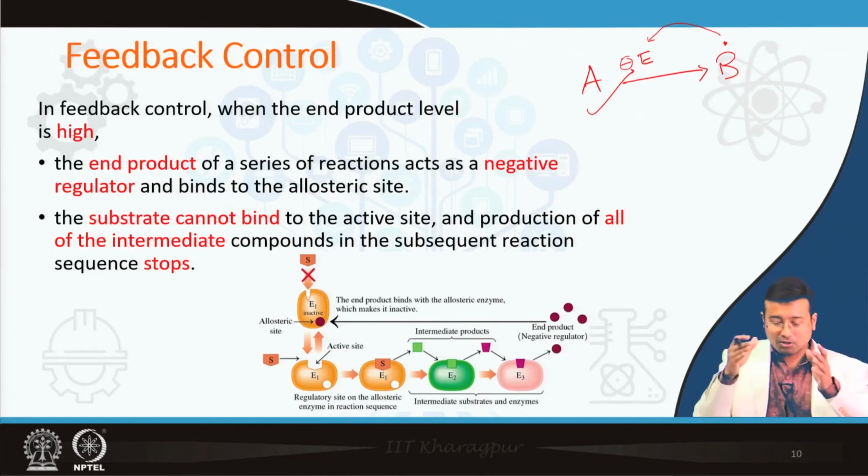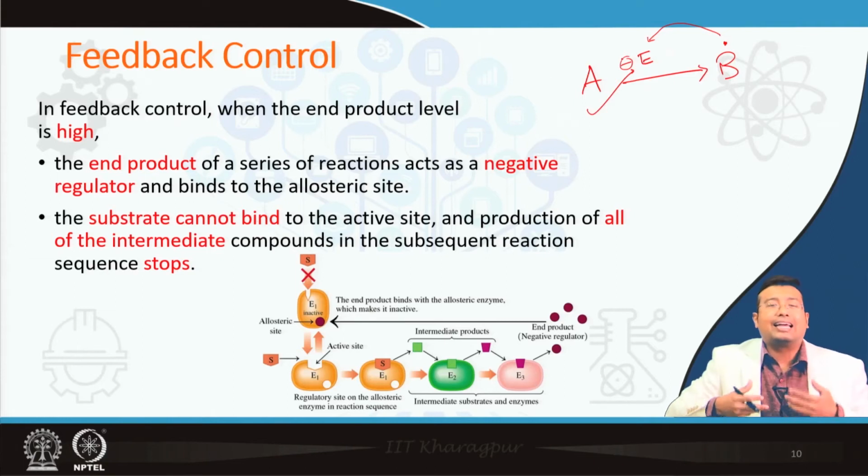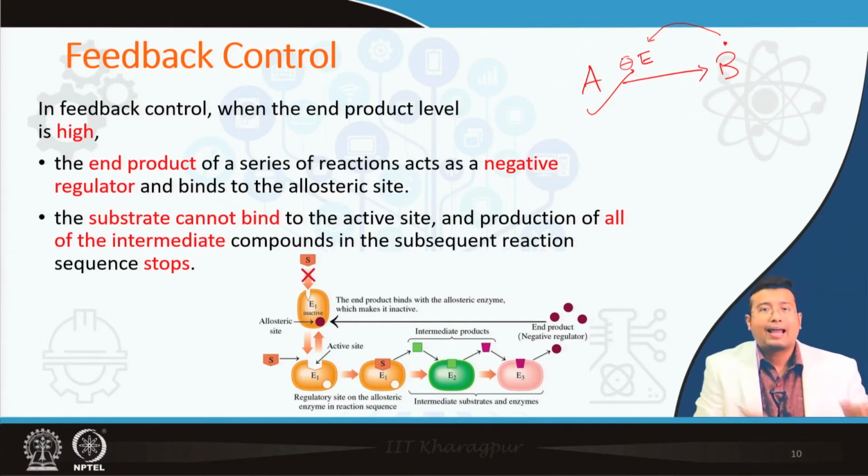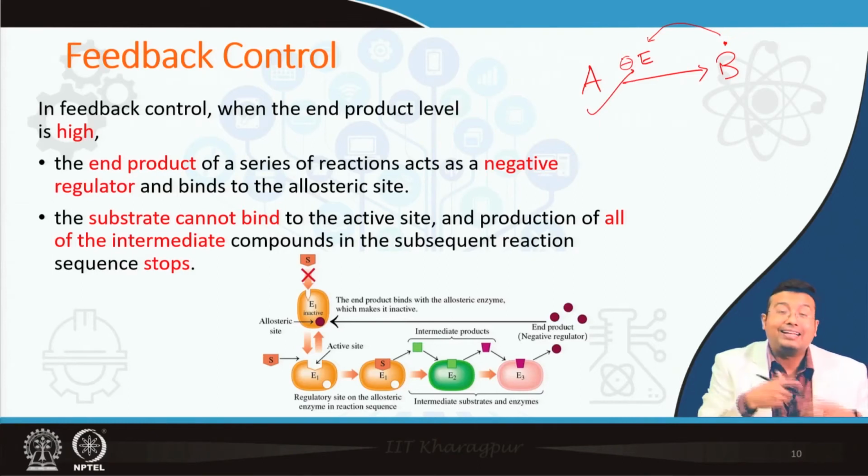And what if my body now needs more and more B, sorry, then the effect of this allosteric inhibitor will be gone, the enzyme activity will be regained, and all the products will be formed. Mind it, in the case of feedback inhibition, especially end product inhibition, it actually inhibits the enzyme right at the start, right at the beginning.